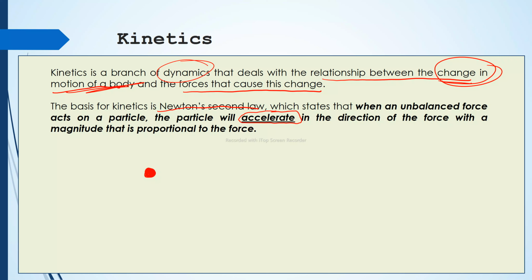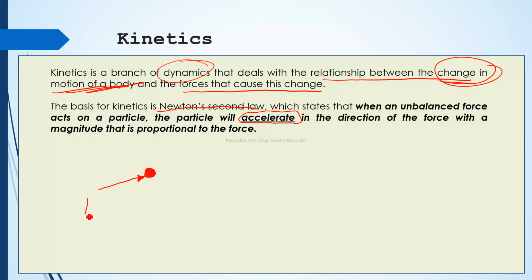Now, in Newton's second law, there is an unbalanced force acting on a particle. In statics, all the forces are balanced and in equilibrium. Here, the forces are not balanced. So let's say there is an external force acting on this particle.